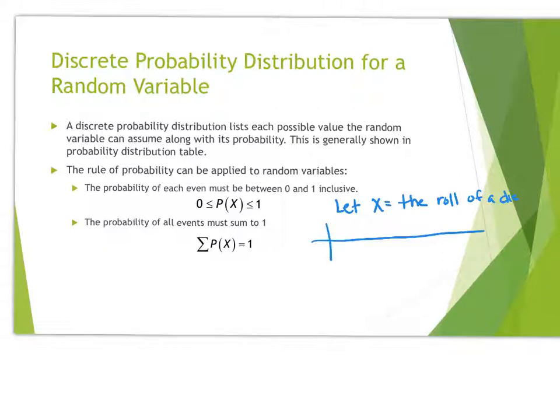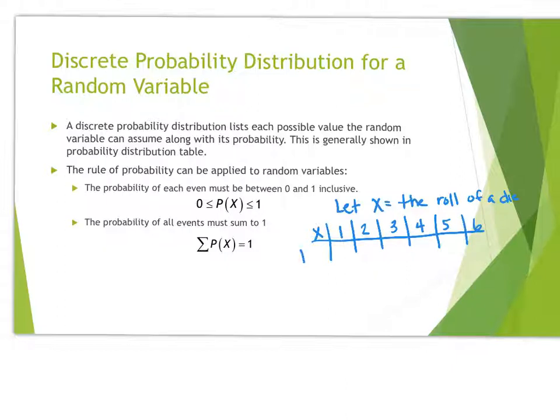We generally put this in a table form. It's called a probability distribution table. We say x, and then our values of x. When you roll a die, x can be 1, 2, 3, 4, 5, and 6. Those are all the possible outcomes.